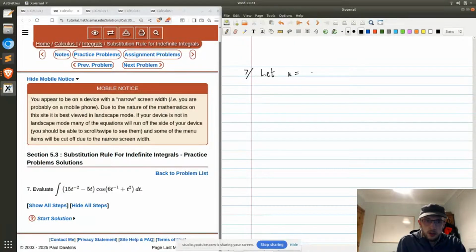We'll let u equal t squared plus 6t to the negative 1.